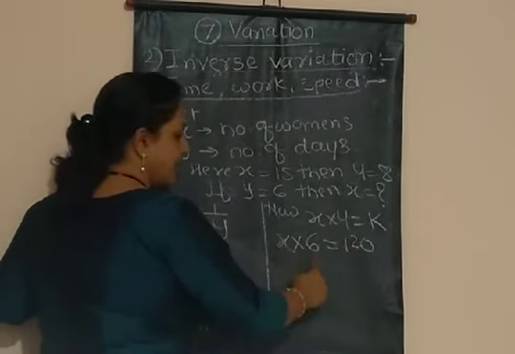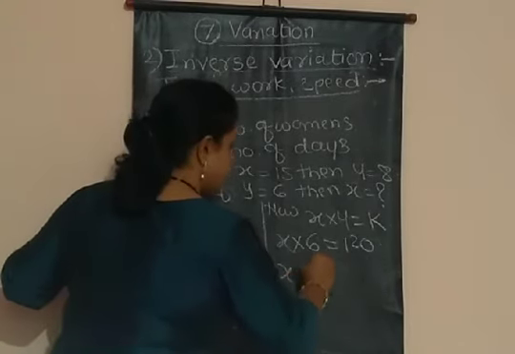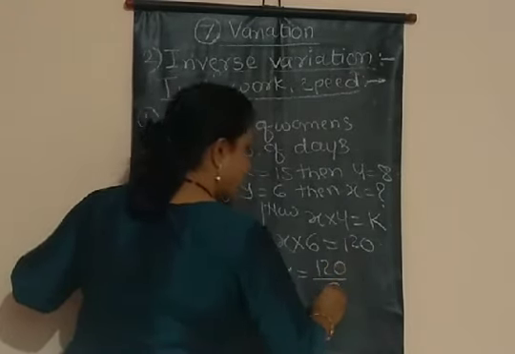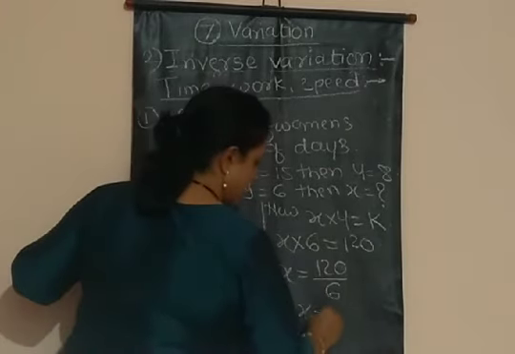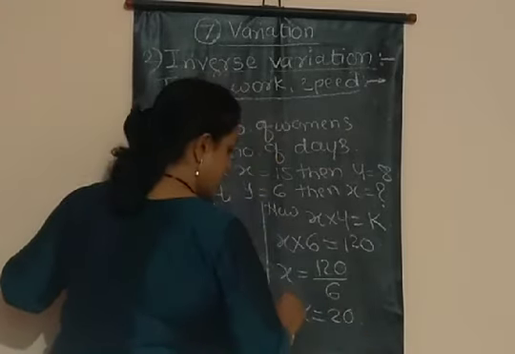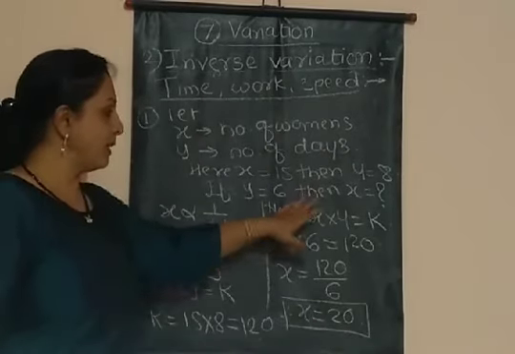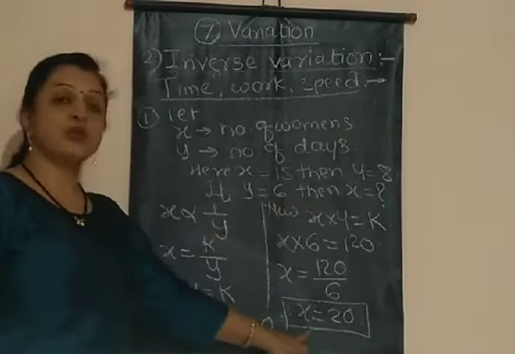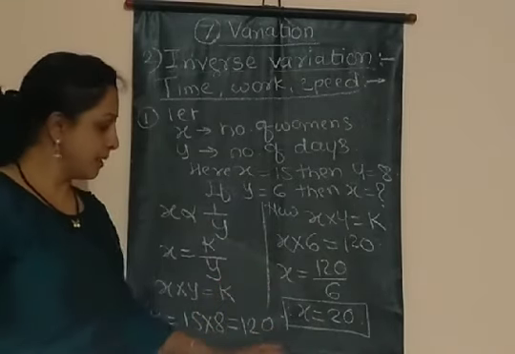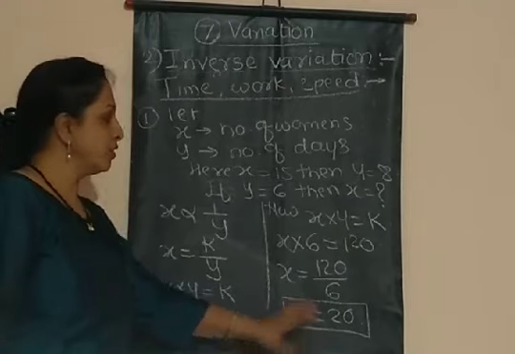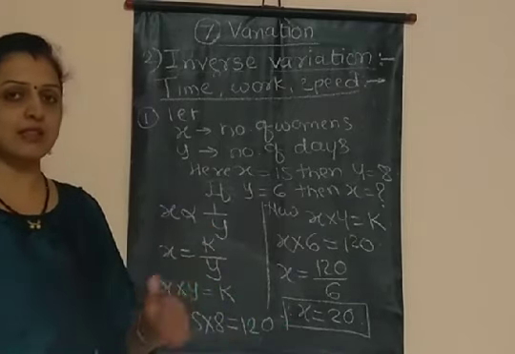Then bring this 6 on this side, so it is divided: x is equal to 120 divided by 6. Then we get x is equal to 20, as 6 twos are 12 and 6 zeros are 0. Therefore, how many women do we require to complete that work in 6 days? 20 women. Let us write the answer in words: 20 women are required to complete that work in 6 days. You have to write the answer in words.